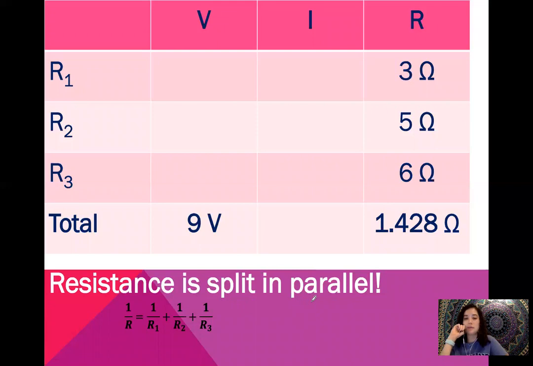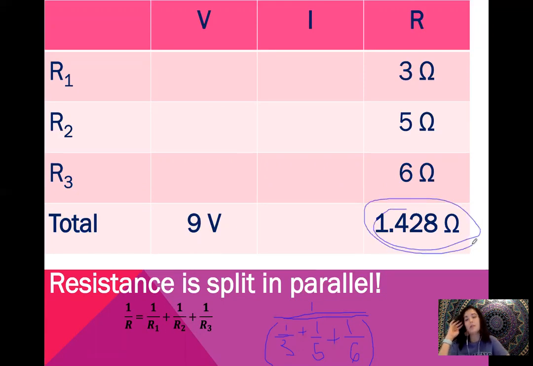I'm going to set it up and do the 1 over 3 plus 1 over 5 plus 1 over 6. We'll put all this in parentheses, and we will type this into our calculator, and you will wind up with this fancy number right here.